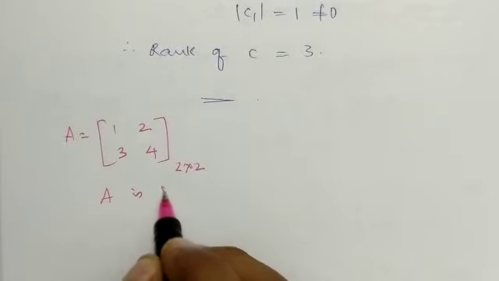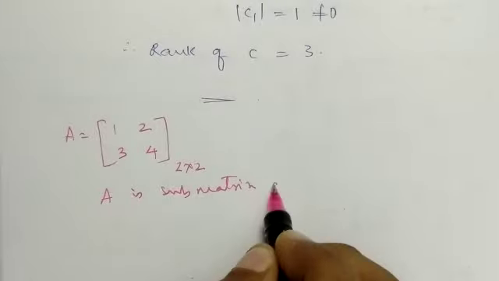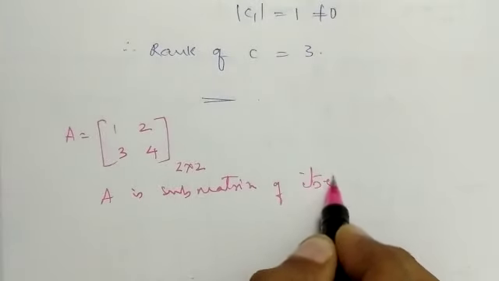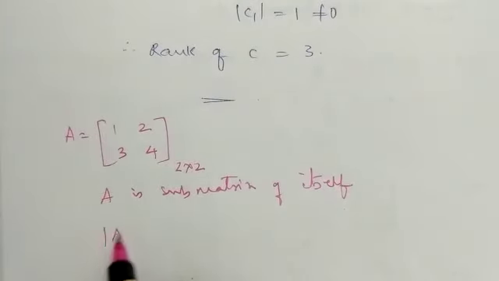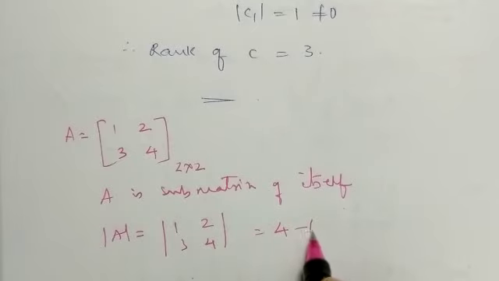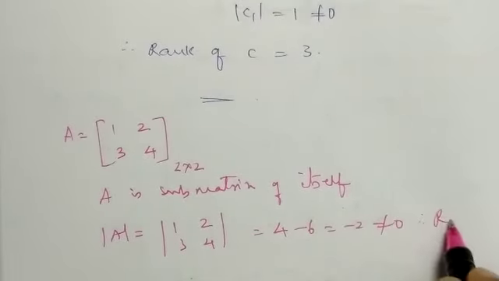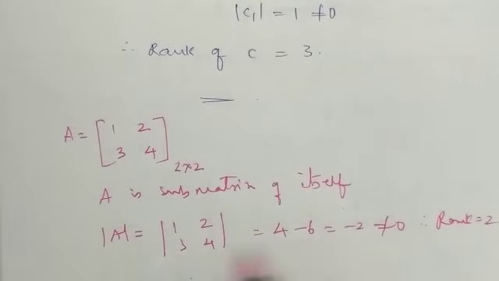So A is a submatrix of itself. So find det A. For 1, 2, 3, 4, it is AD minus BC: 4 minus 6 equals minus 2, not equal to 0. Therefore, rank is 2, because the order is 2.